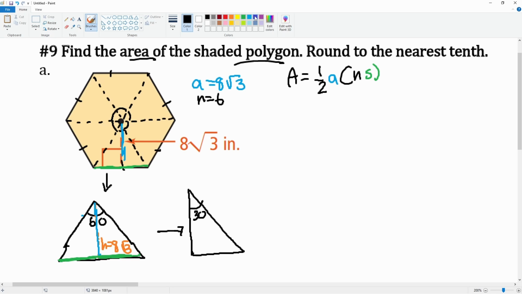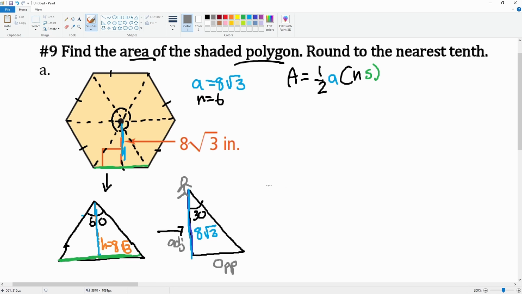And this apothem, in blue, is still 8 radical 3. We're trying to find this part here. We can just say opposite. So let's set up our trig ratio. We have opposite and we have adjacent.